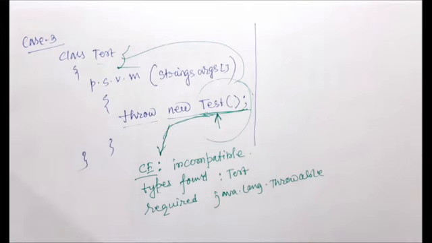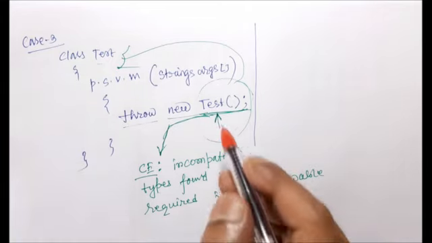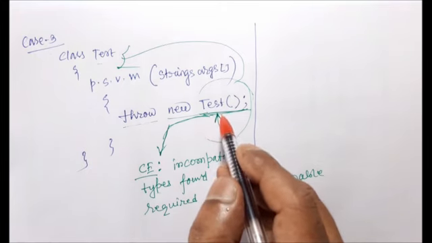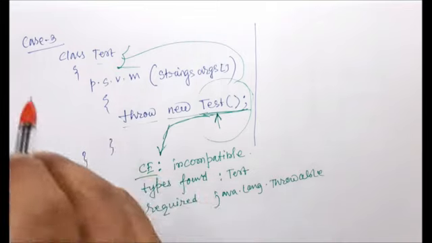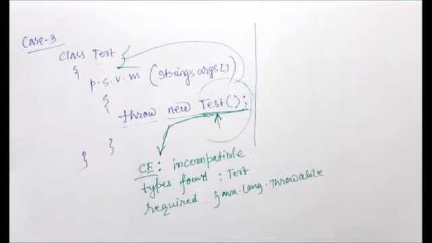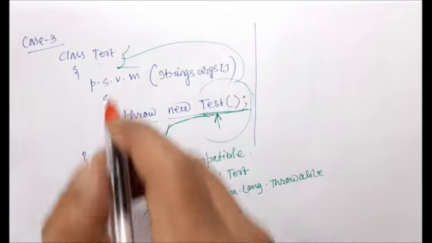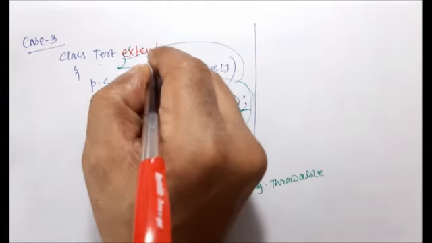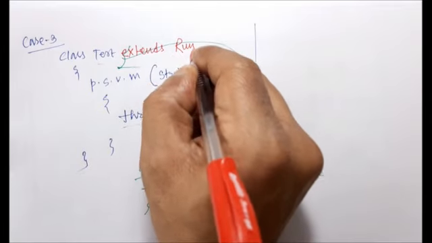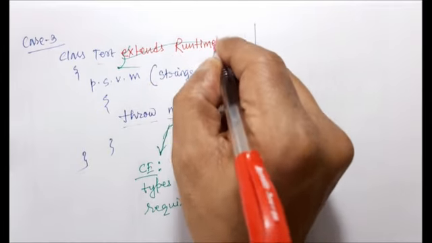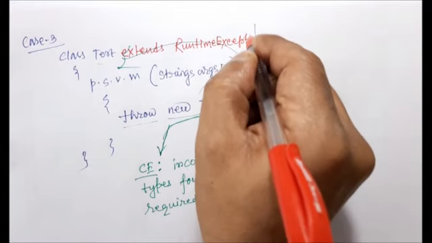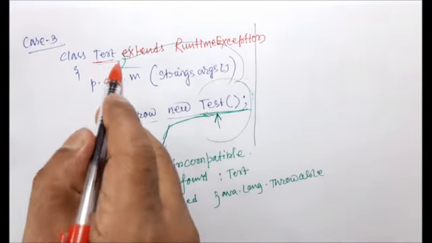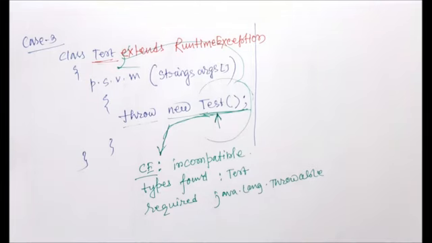Now let me modify this code. Suppose this class is not an exception class. We already know that this class is a user defined class, and does not belong to the predefined exception classes. Now if I make a simple change, class Test extends RuntimeException. So this Test is a subclass of RuntimeException.